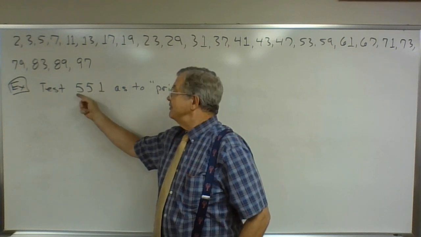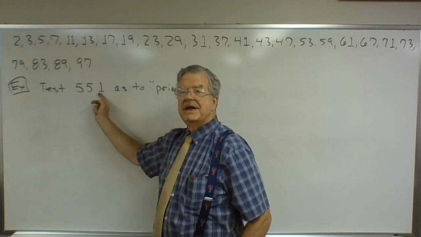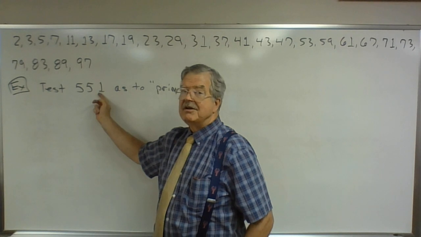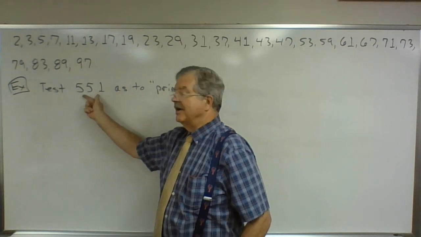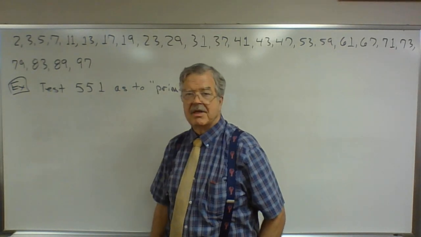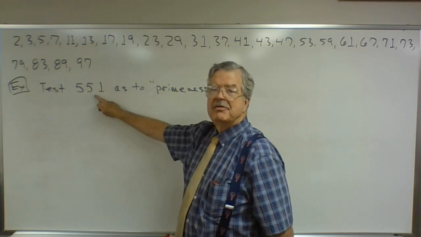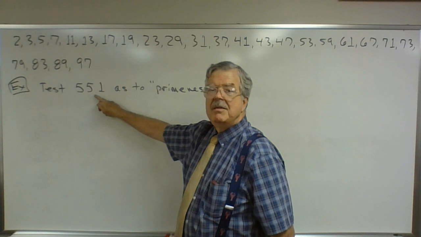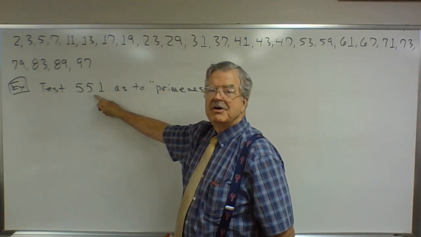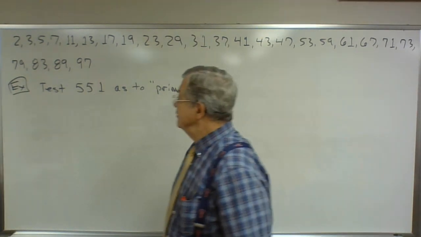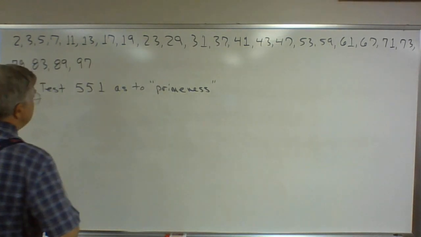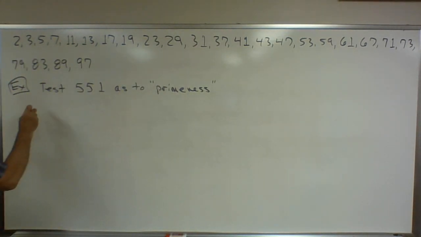We add up these digits, 5 plus 5 plus 1, we get 11. 11's not divisible by 3, so this number's not divisible by 3 either. And what about 5? No, we don't have to worry about that. Any multiple of 5 ends in a 0 or a 5. So I guess the first number to test would be 7.